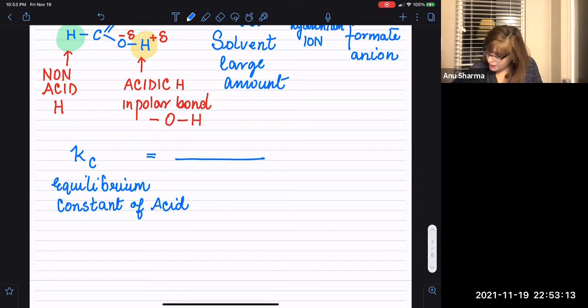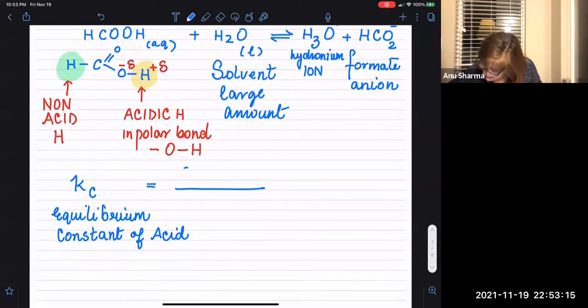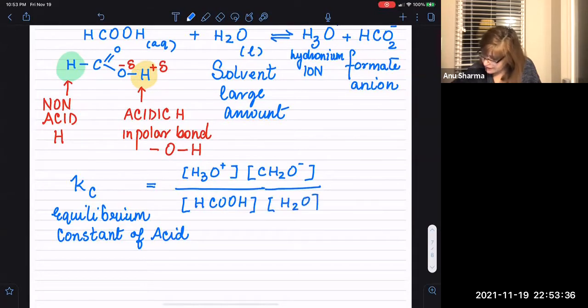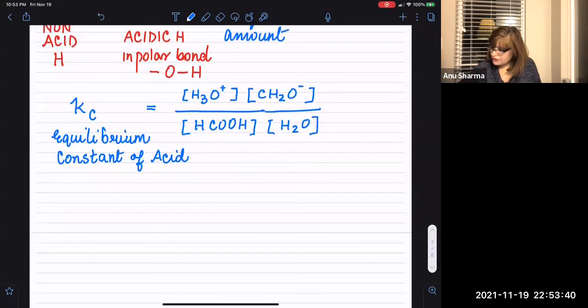The products here are the hydronium ion and the formate ion, CHO2 negative. This is something you did in your previous class, the chapter on equilibrium. Then come the reactants, that is the formic acid and water, because formic acid is reacting with water, right? That's how we write the equilibrium constants.